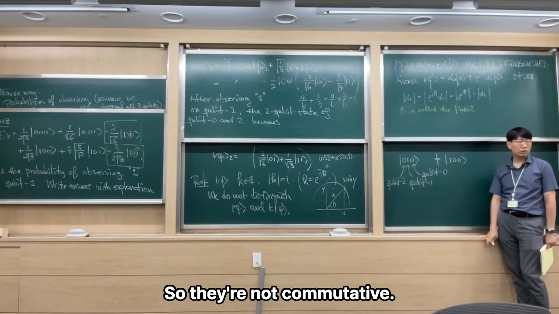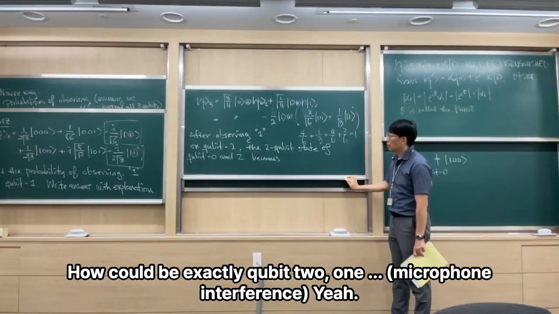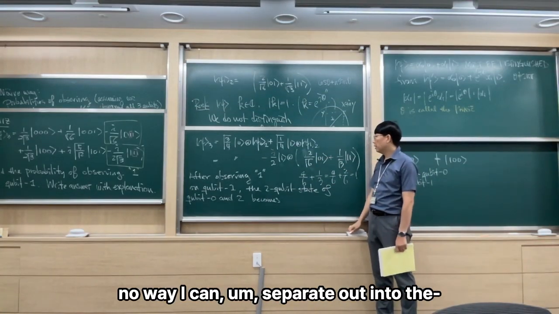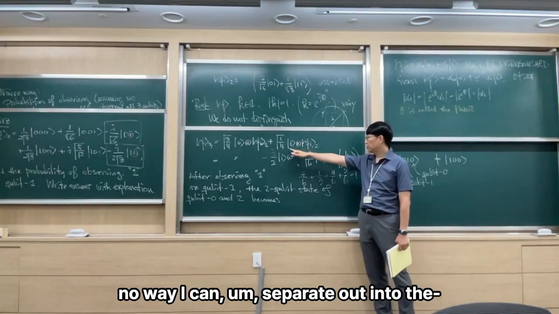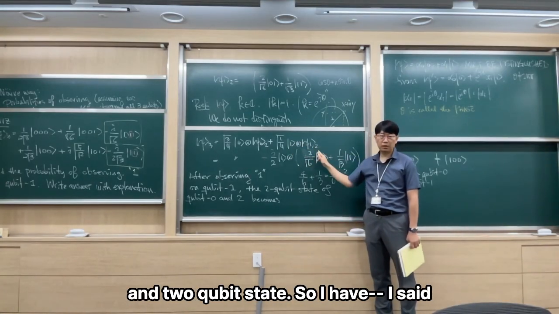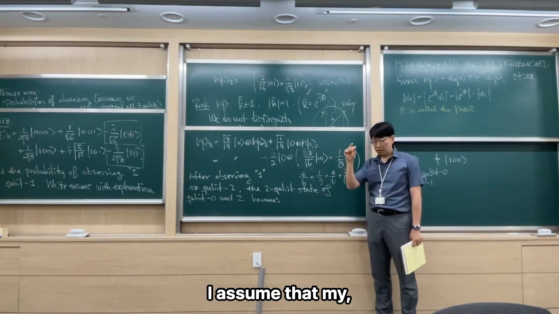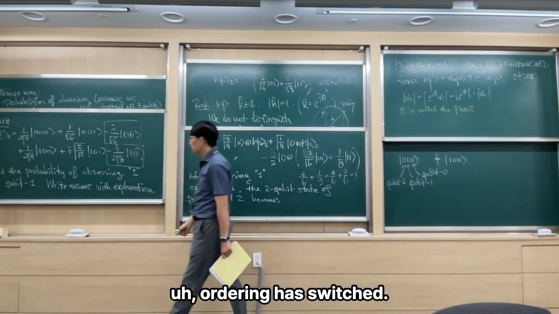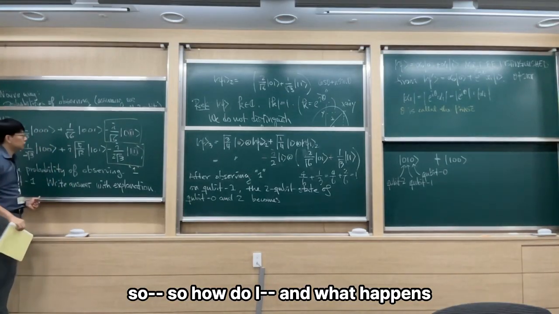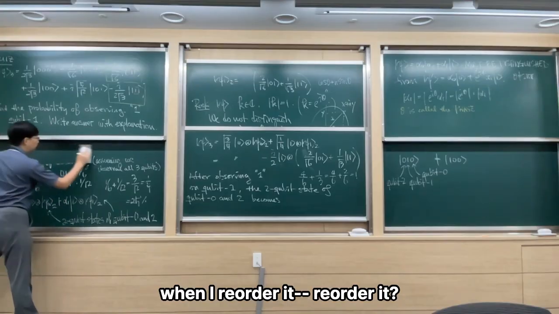So they're not commutative. How can we extract qubit 1? In this notation there's no way I can separate it out into the tensor product of the qubit 1 state and the qubit 2 state. So I assumed that my ordering has switched. I assumed that I reordered my qubits. So what happens when I reorder it?